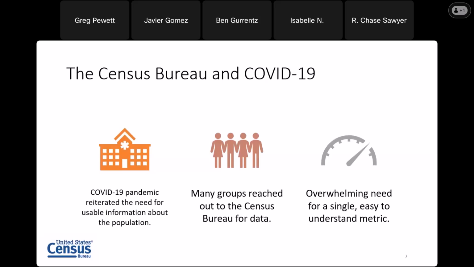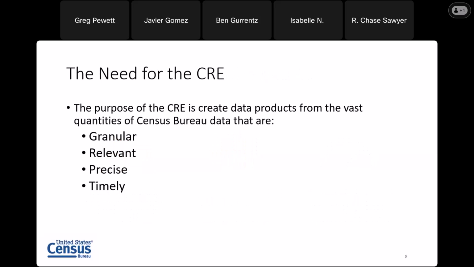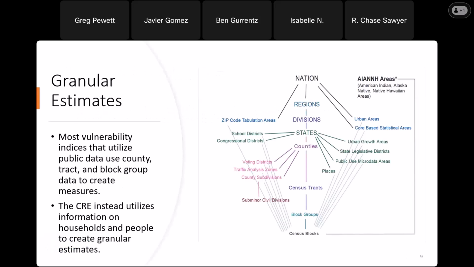The purpose of the CRE is to create data products from the vast quantities of Census Bureau data that are granular, relevant, precise, and timely. Most vulnerability indices that use public data use county, tract, and block group data to create measures. The CRE instead uses information on households and people to create granular estimates.